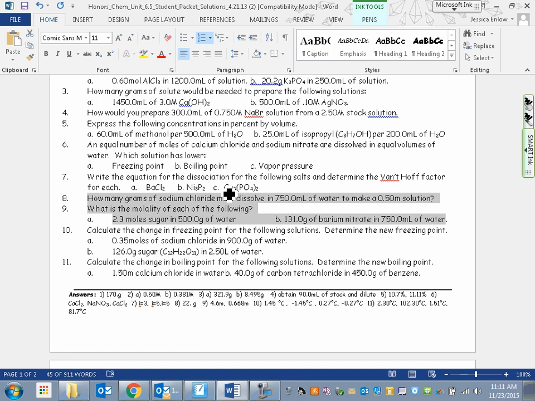It's weird, and I want to go over it. This is a non-electrolytic solution because it doesn't dissociate into salts.